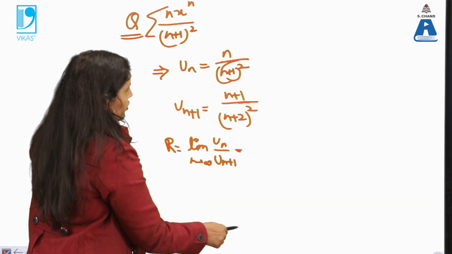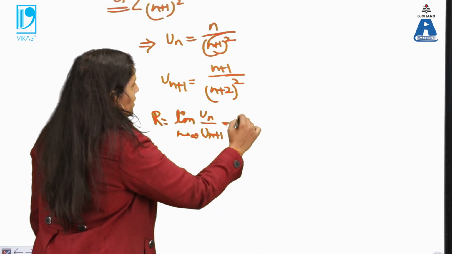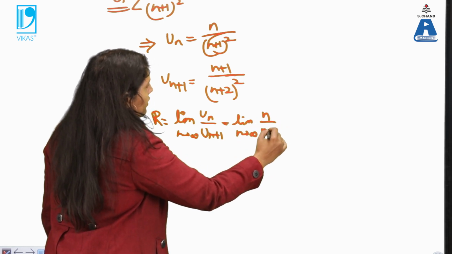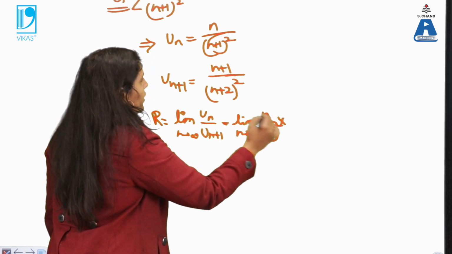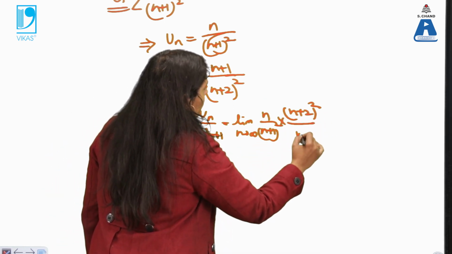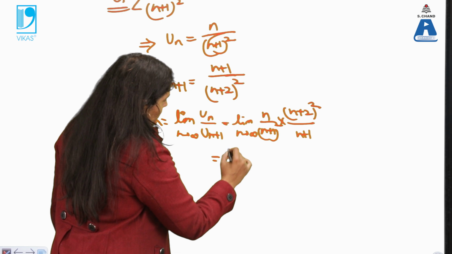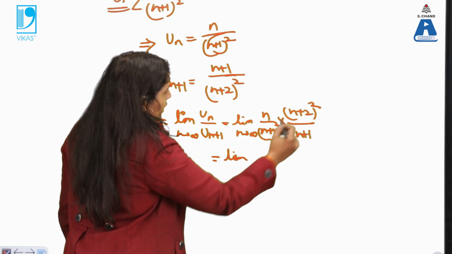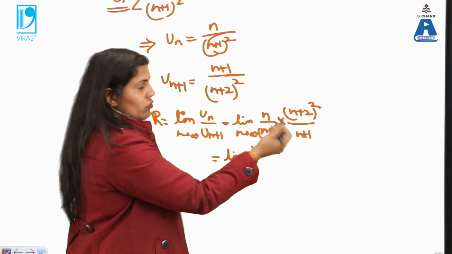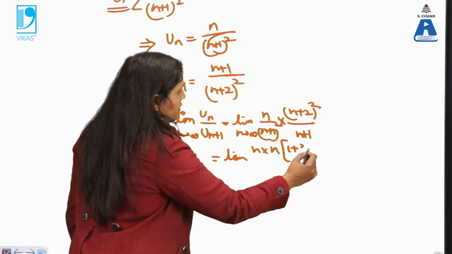and I just check the limit. So this will be n upon n plus 1 whole square, then n plus 2 whole square upon n plus 1, and now take out n common. Because this is a whole square, n square will come out.